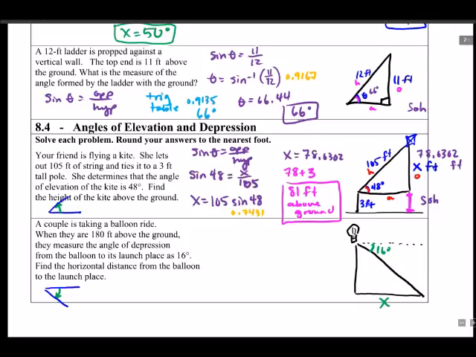So we are looking for this right here. We know they are 180 feet above the ground. We are looking for that right there. So we know by alternate interior angle theorem that this measure is 16 degrees, right?